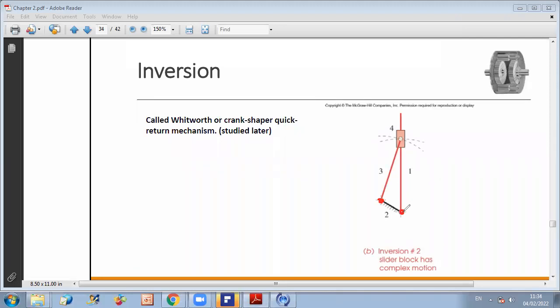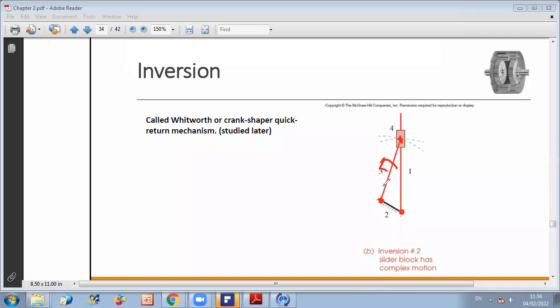Now, what will happen is the following. You have this point here, the center of your block, which will undergo a rotation about this point, because this point is fixed.